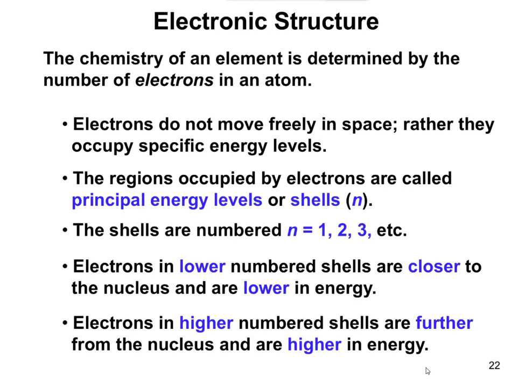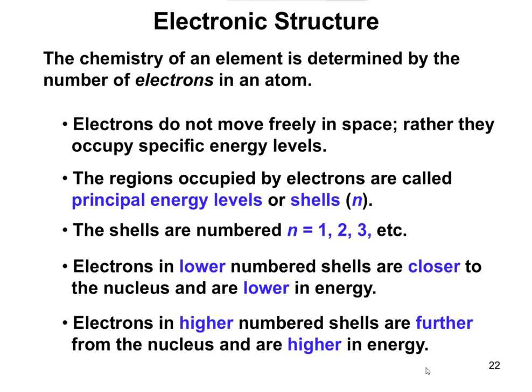Electronic structure is one of those things you just need to know for this chemistry class. I'm going to keep it as simple as possible to get you through what you need to know. But because you're in a chemistry class, you have to learn it. I really can't link this to nursing or public health in any easy way.